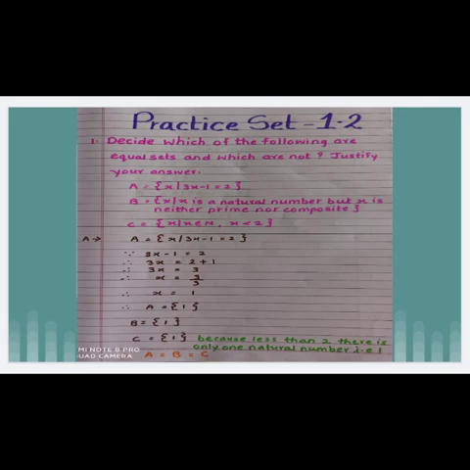Now students, here they have given three sets, set A, set B and set C, all in rule form. So first step, we have to convert all three sets into listing form.